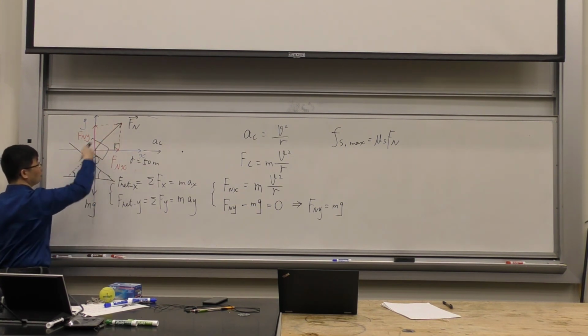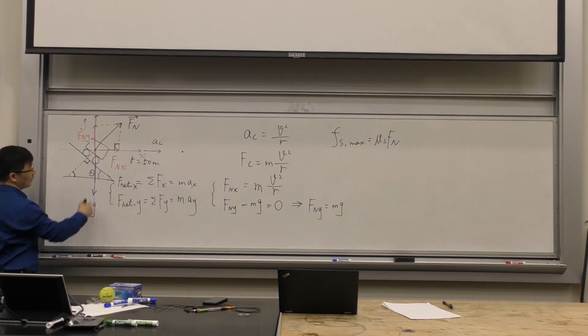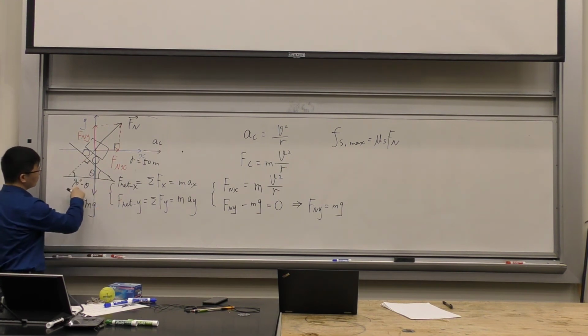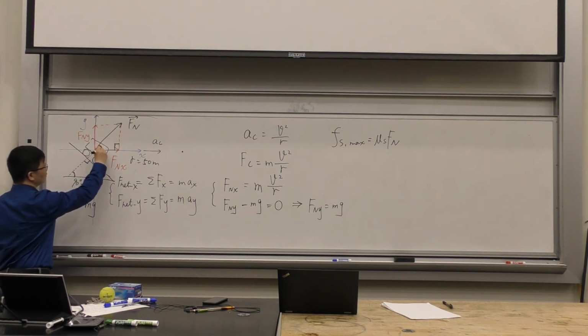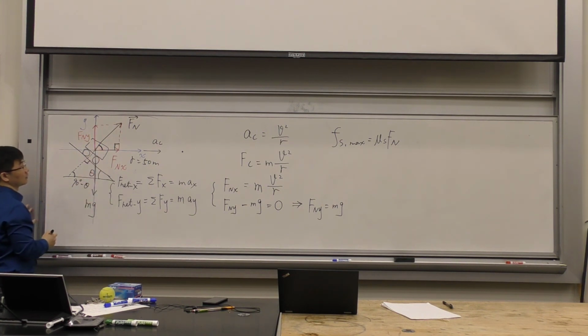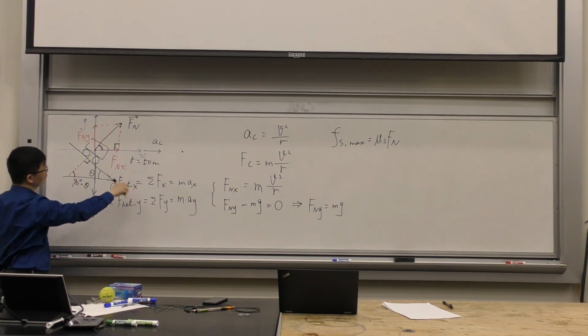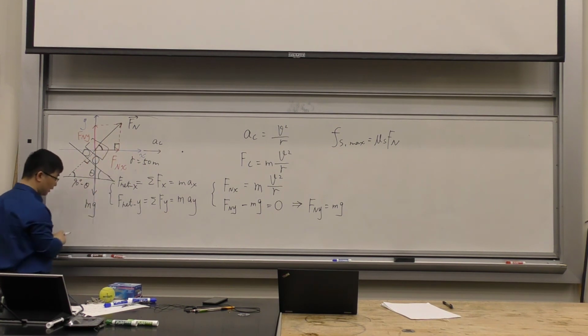The normal force is perpendicular to the surface. If this angle is theta, this angle is going to be 90 minus theta, right? Because this is a right triangle. And if this is 90 minus theta, this angle must be the same, 90 minus theta, right? Because they are the same angle, the same two lines, the normal force line and the horizontal. So this angle must be 90 minus theta.